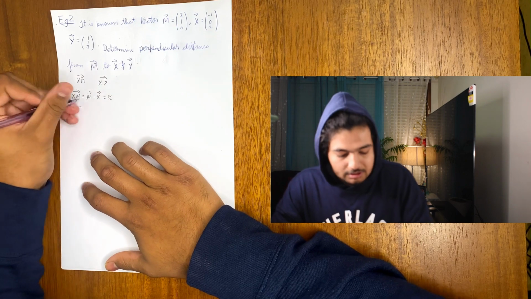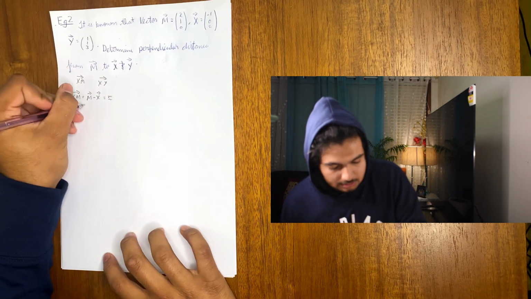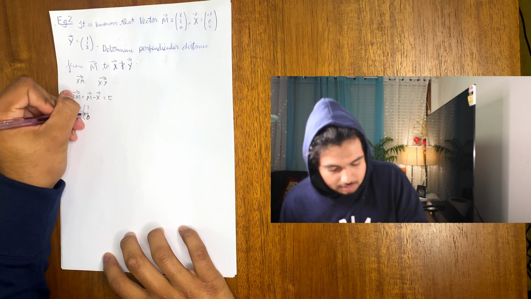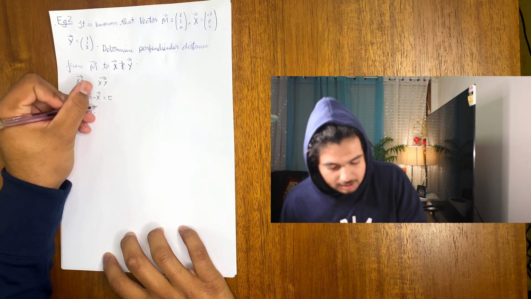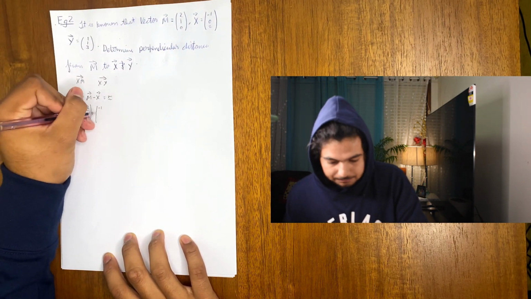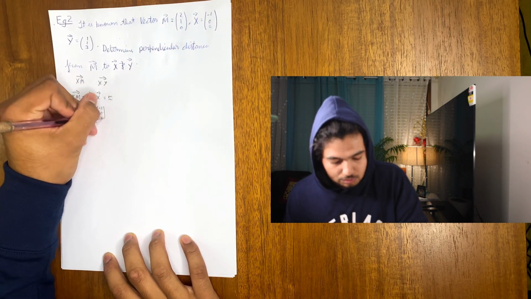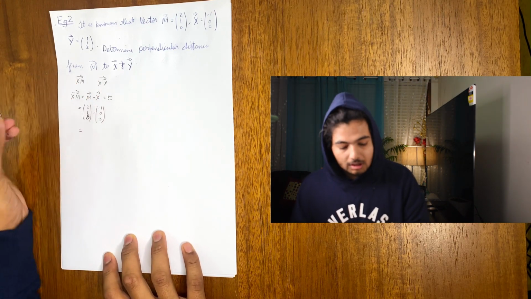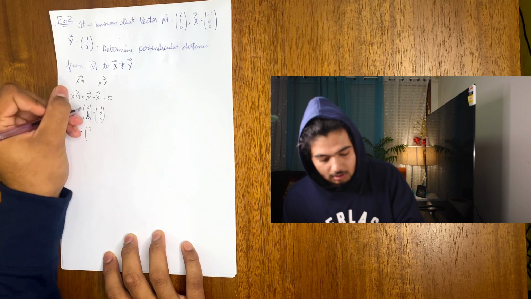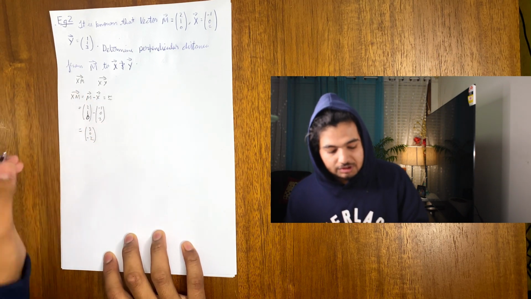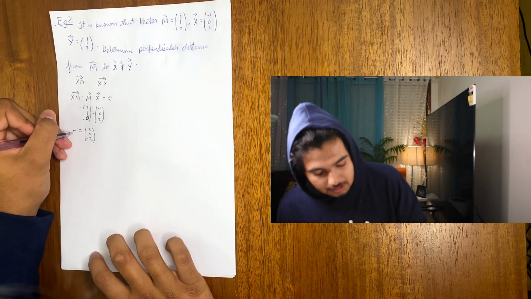So m minus x, m in this case is (2, 1, 0), minus x, which is (-1, 0, 2). This gives me 2 plus 1, which is 3, 1 minus 0 is 1, 0 minus 2 is negative 2. So this is what lowercase m gives me.